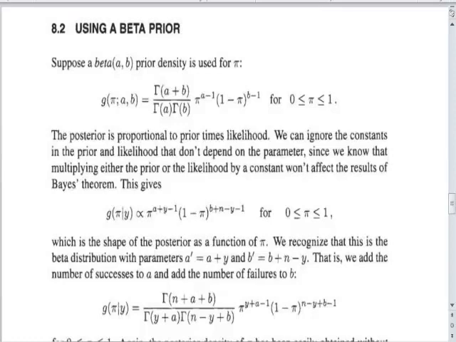So now the posterior is obtained by multiplying the prior with the likelihood. So you get pi to the a plus y minus 1, 1 minus pi to the b plus n minus y minus 1, where we ignore the constant. I think I already did this calculation in one of the lectures.